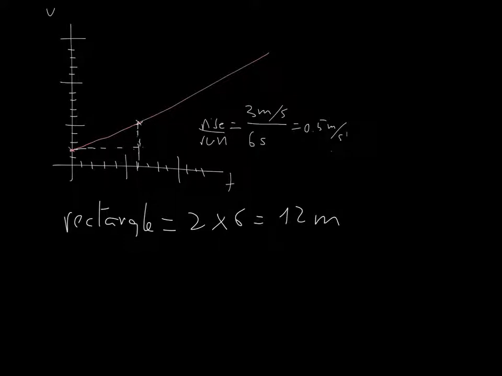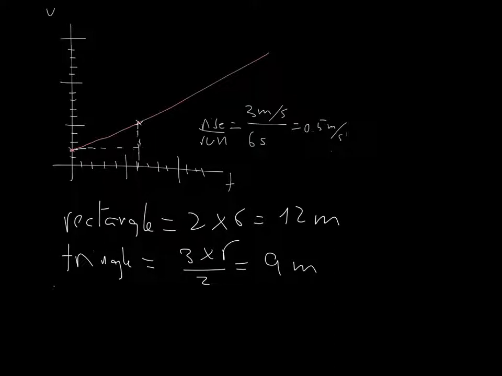And now I need to consider the area of this triangle here. Now the height is 3 and this is 6, but because it's a triangle I need to divide by 2 because it's half the area of the rectangle. So the triangle is just 3 times 6 over 2, which is equal to 9 meters.